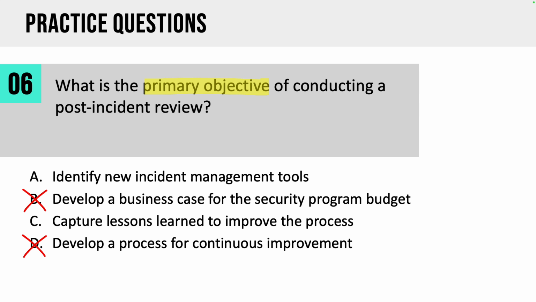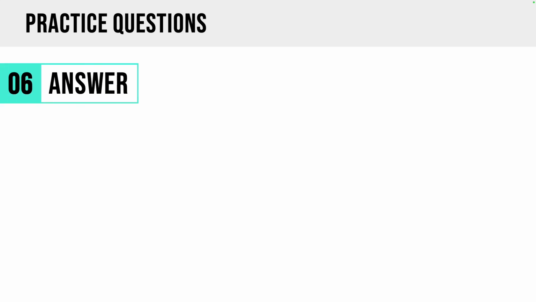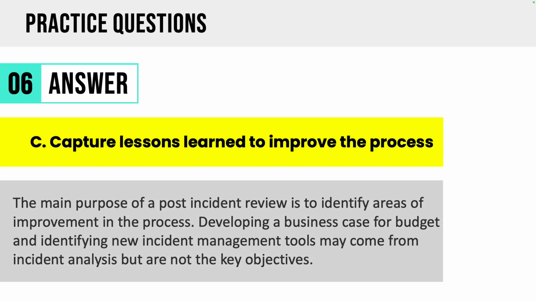So that leaves us identifying new incident management tools or capturing lessons learned to improve the process. I bet you know the answer here. It's C, capturing lessons learned to improve the process, because that is the main purpose of our post-incident review, to identify areas of improvement in the process. Developing the business case for budget and identifying tools may come from analysis, but they're not our primary objectives here.